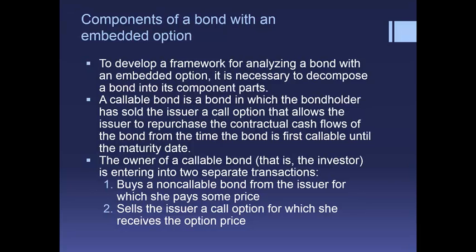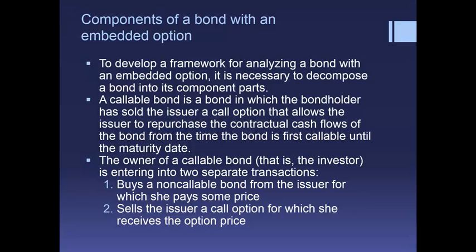Another way of saying this is that every callable bond has two components. It has the non-callable bond component, that is the coupon, expected coupon and maturity, but then the investor is selling the issuer a call option.